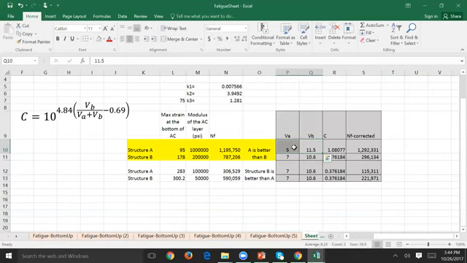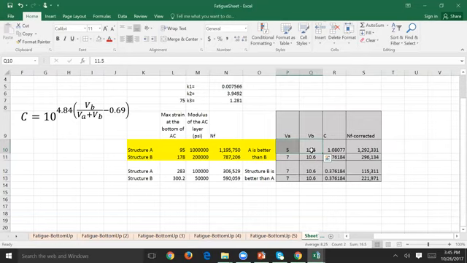The inherent assumption is that this combination of VA and VB applies when the test is run, even though we don't do that. We usually run the test at 7% air voids, 11.5%. But just to understand what that means, the constant becomes 1 in this combination of VB effective.